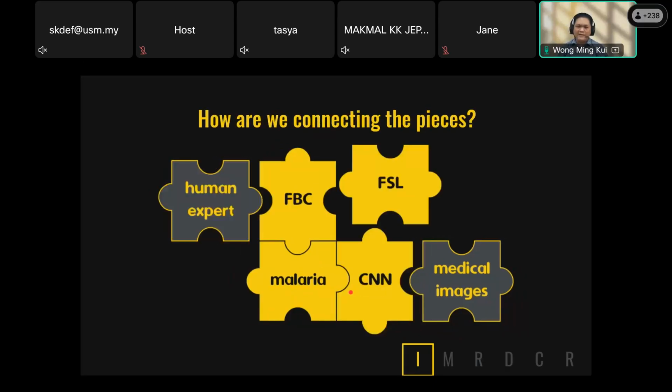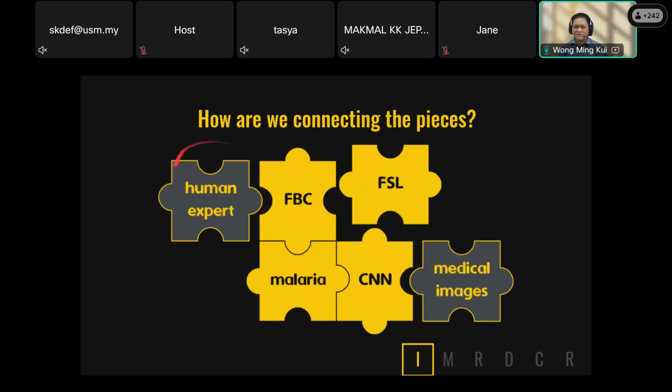So in my research, this is how I propose what we'll do. We'll use the existing connection between FBC and malaria. However, I'm using CNN to interpret the FBC images to detect malaria.